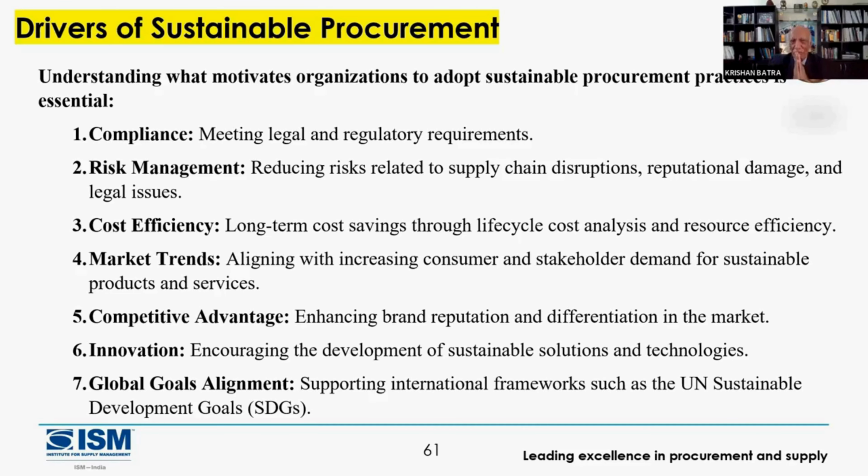The risk management, cost efficiencies. If I go with this approach, if I go with the life cycle cost later on, is it improving my business? Let's say today my generators, air conditioners, refrigerators, anything you talk about, are consuming too much electricity.